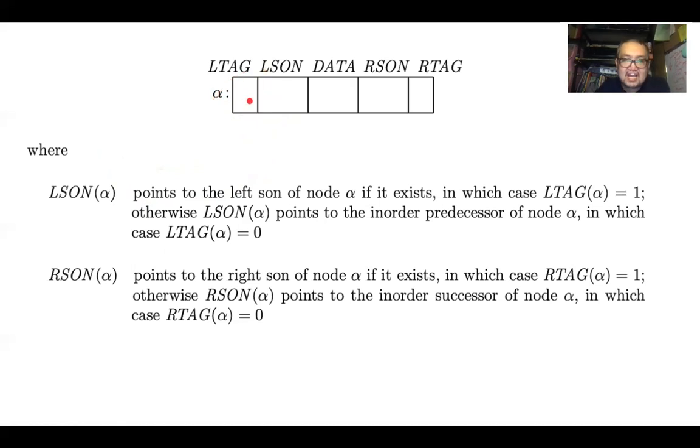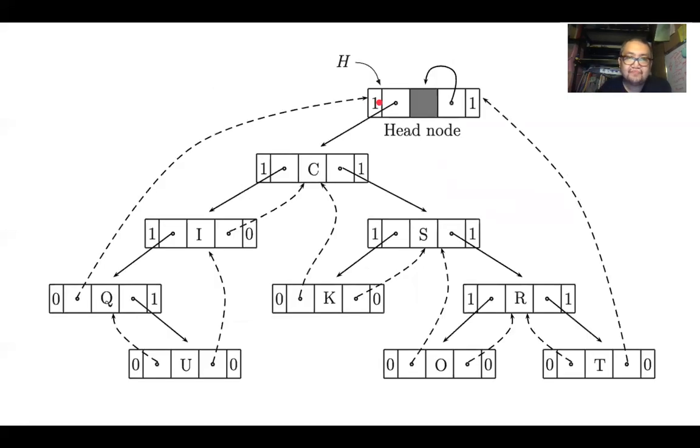So the left tag will tell us whether the left pointer points to an actual left child or if it points to the in-order predecessor. The same thing with the right tag. If the right tag is 1, then that means the right pointer points to an actual right child. However, if the right tag is 0, then it means that the right pointer points to the in-order successor.